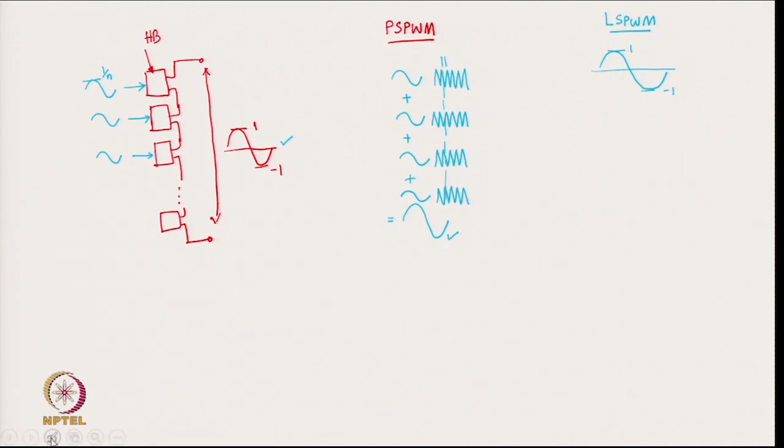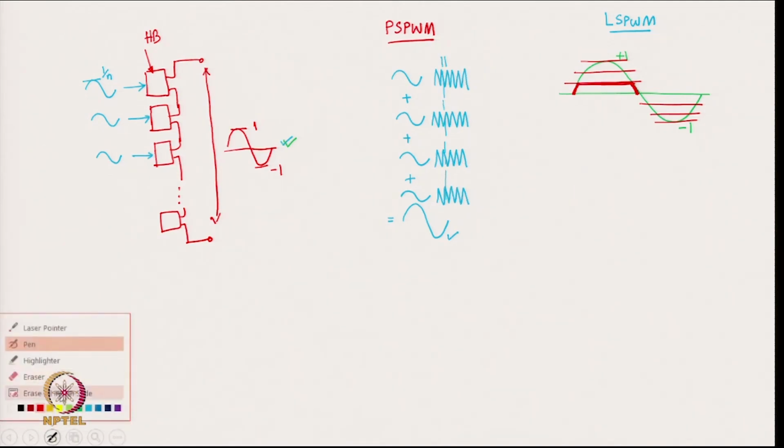Now, in level shift PWM, what we do is partition the waveform like this, in such a way that, say for example, H bridge 1 produces this part of the waveform only, okay, this part of the waveform is produced by the first H bridge, and the rest of the time it can be fully turned on. I mean, it is just holding the voltage.